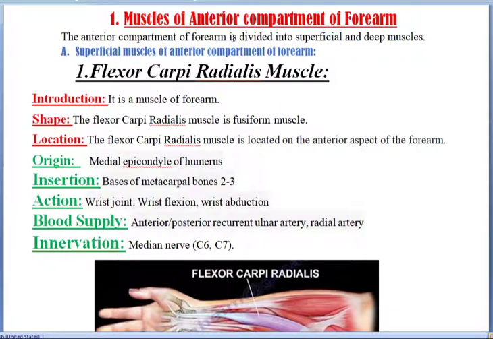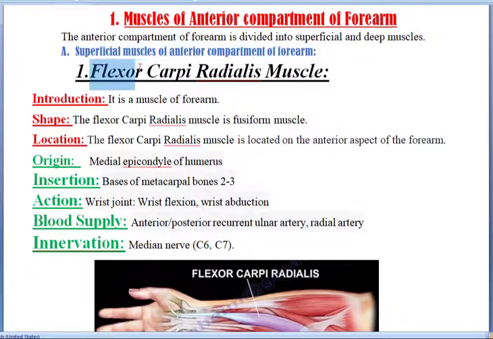The anterior compartment of the forearm is subdivided into a superficial layer and a deep layer. Superficial muscles are towards the skin, deep layers are away from the skin. First we will discuss the superficial muscles of the anterior compartment of the forearm.